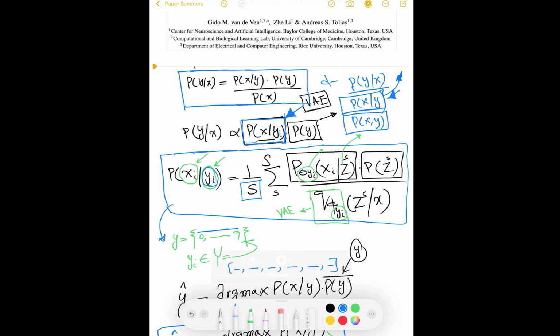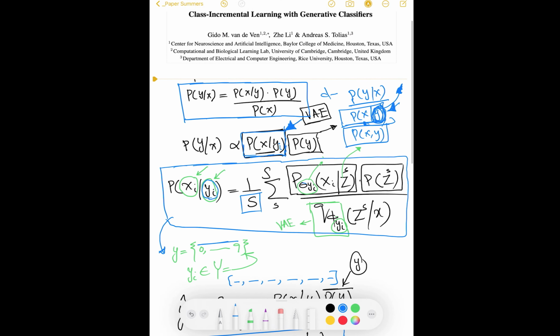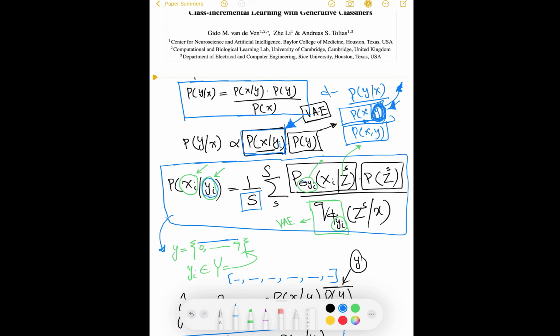So in their paper they are also mentioning how they reformulate the class incremental learning as a task incremental learning. So here we can see this given y. This actually means we are given some information about the label.